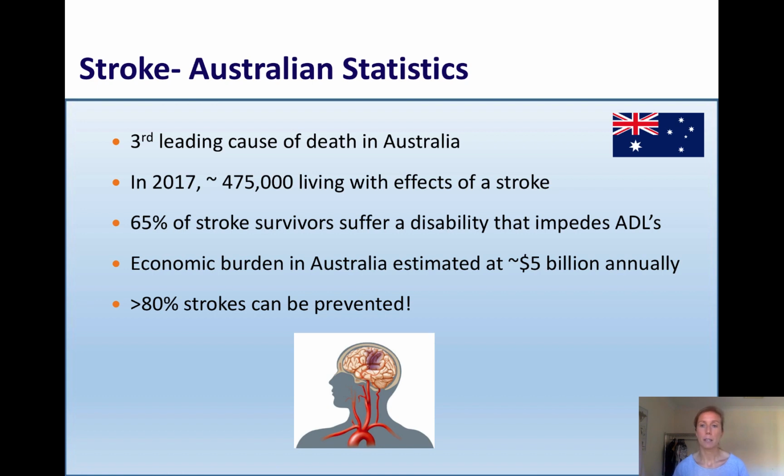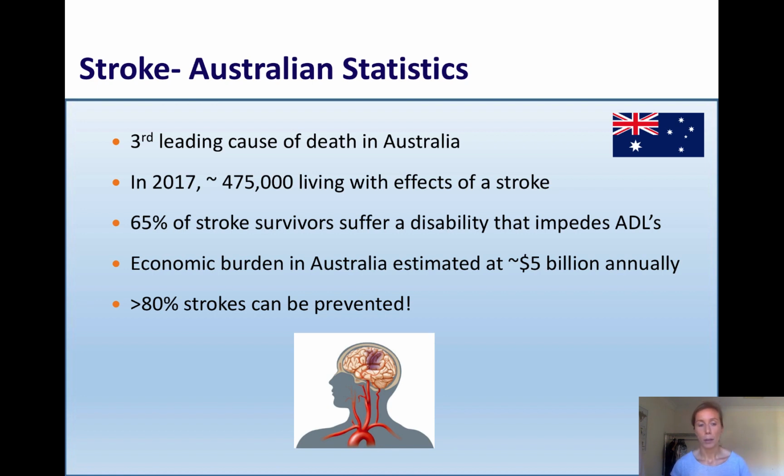And 65% of stroke survivors suffer a disability that actually impedes their activities of daily living. So we know how basic those tasks can be. The economic burden in Australia is estimated at about $5 billion annually, so it's absolutely huge.